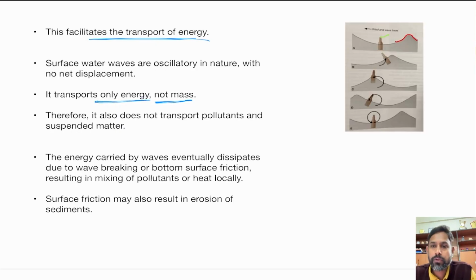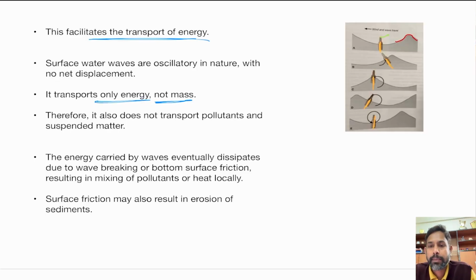So when the wave moves from right to left, this bottle tilts its angle. Earlier it was vertically up, now it has gone a little tilted, and once this wave comes exactly in alignment with the bottle, it comes again vertically up. Then once the wave goes to the left, the bottle tilts towards the other side, and eventually it becomes vertical again.